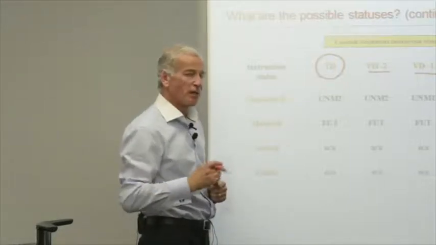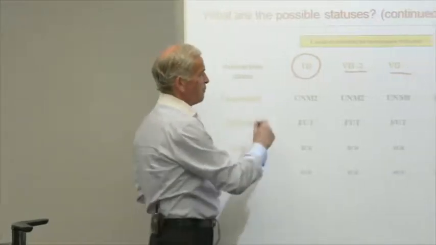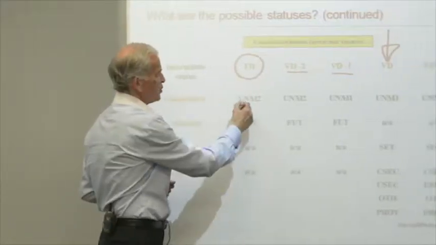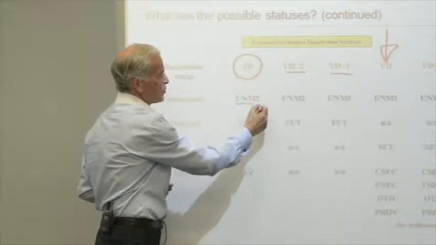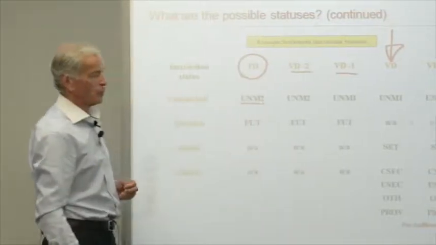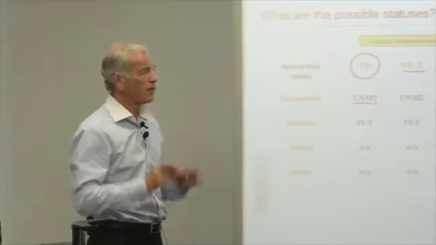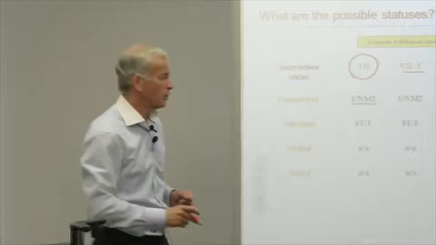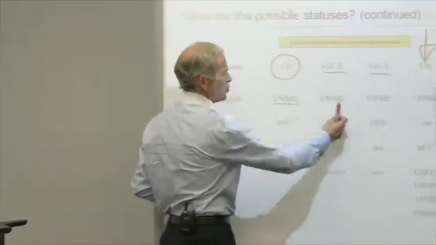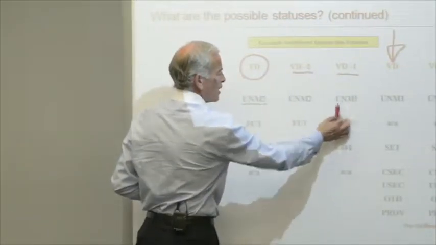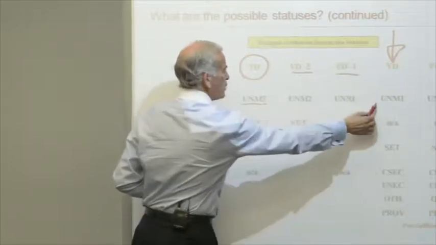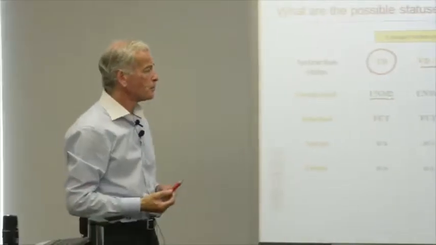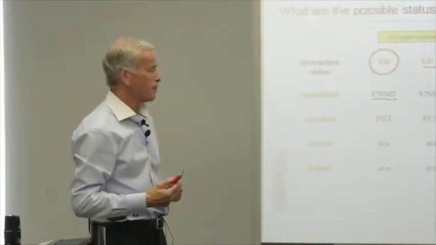If there is no matching instruction from the counterparty, then our instruction will be given a status of UNM, meaning unmatched, with a priority of 2. Unmatched, hopefully you can see that that makes sense. Why a priority of 2? Because it's not as urgent as a priority of 1, and that's because of the number of days it is away from the value date. So it's a priority of 2.